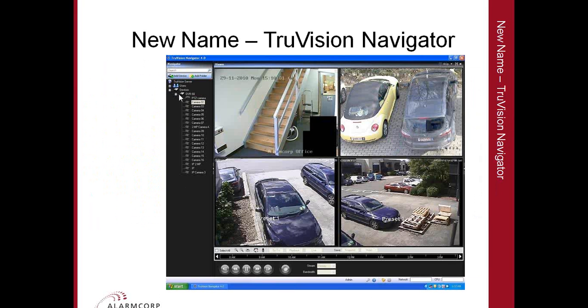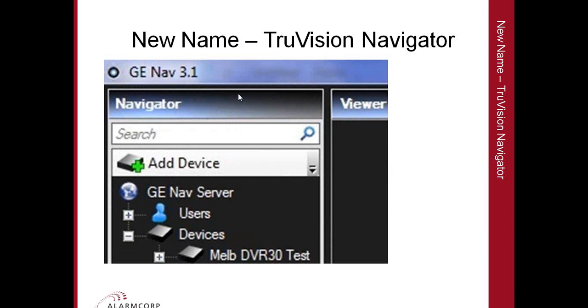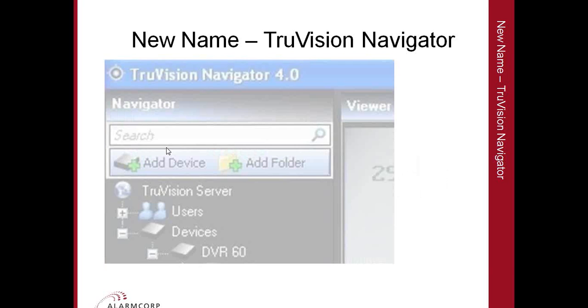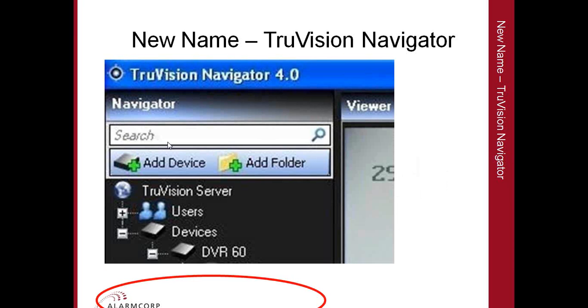As you can see, other than the name change, it looks quite similar to the existing version. Okay. Just to recap, this is the current version. We see that the current version is GE Nav version 3.1. The new version will be TruVision Navigator version 4.0.